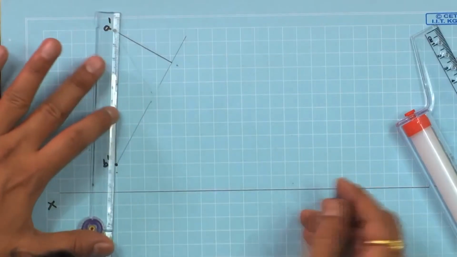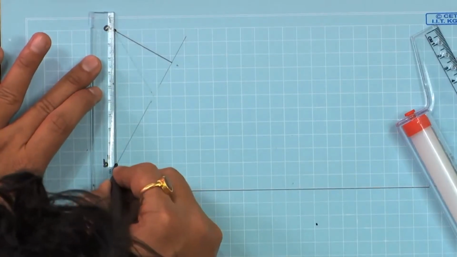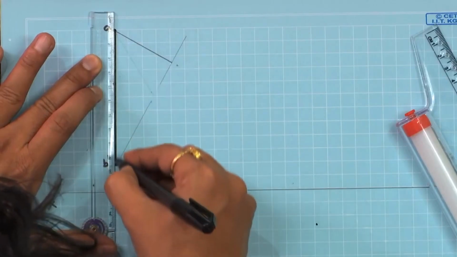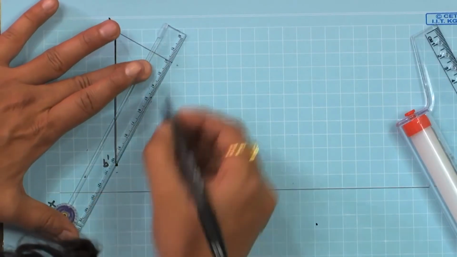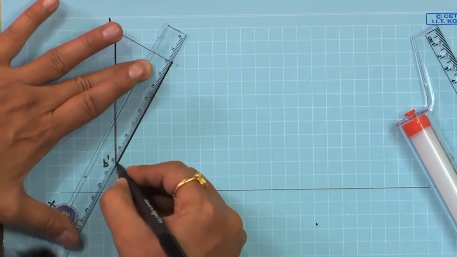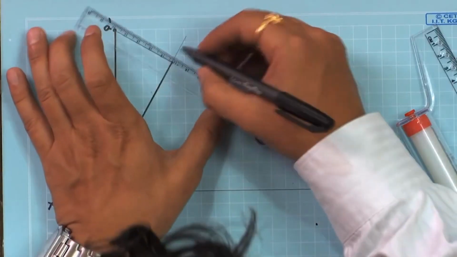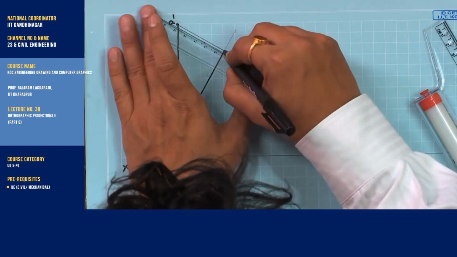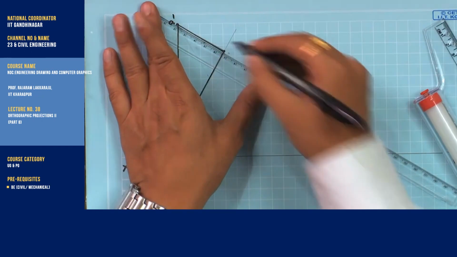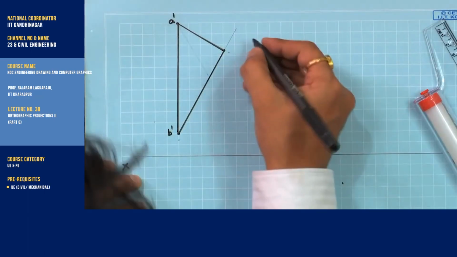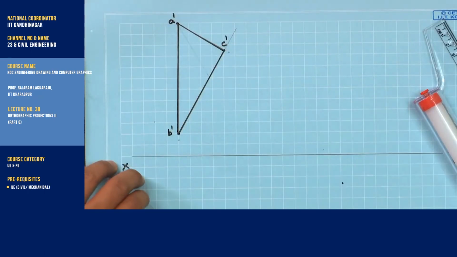So, our triangle, now let us call C prime.